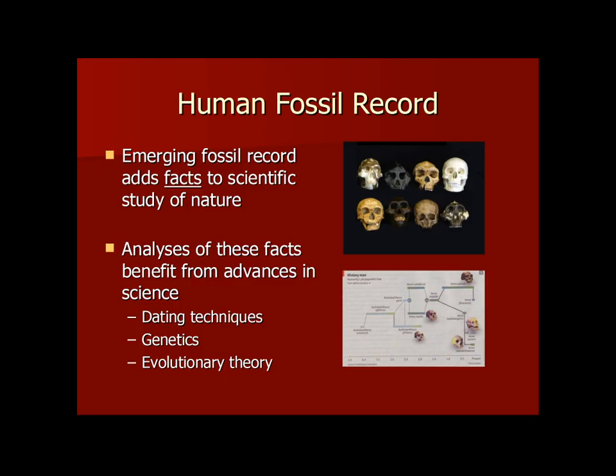Now, our ability to date things improved dramatically with the introduction of absolute dating techniques. Absolute dating techniques largely came out of chemistry and physics, and many of them have to do with radioactive decay at the atomic level. The one that people have probably heard of is carbon-14 dating. It has to do with the regular rate of decay of the element carbon, and we know how fast it decays.